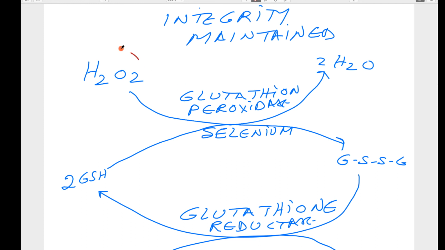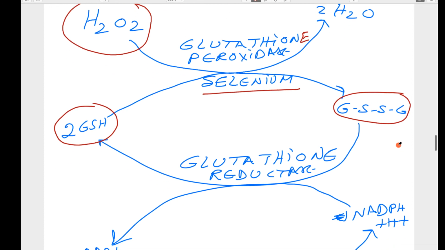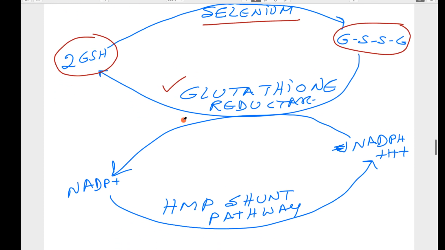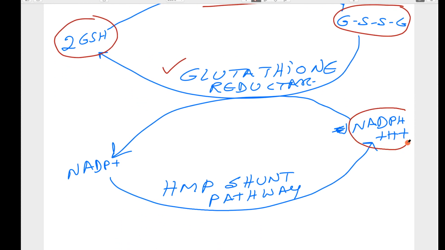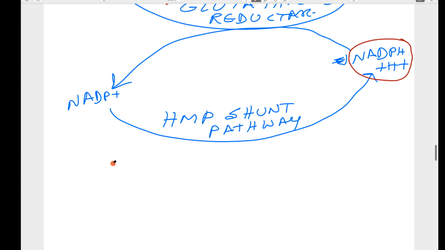H2O2, the damaging molecule, is converted by glutathione peroxidase, the selenium-containing enzyme, to water in the presence of reduced glutathione, which is converted to oxidized glutathione. It has to be converted back to reduced glutathione by glutathione reductase in the presence of NADPH. This NADPH is converted to NADP+, which is converted back to NADPH by the HMP shunt pathway.